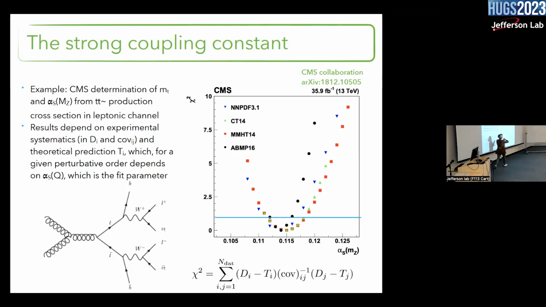And they basically get a parabola, because you see, data minus theory squared depends quadratically on alpha S, okay? So that's a nice parabola, and they see where they have the minimum of the parabola and what is the error on delta chi square equal to 1, okay? It's the usual statistics you do. So this is an example of the extraction of a parameter, in this case alpha S at the mass of the top, from the fit of the data from t t-bar production.